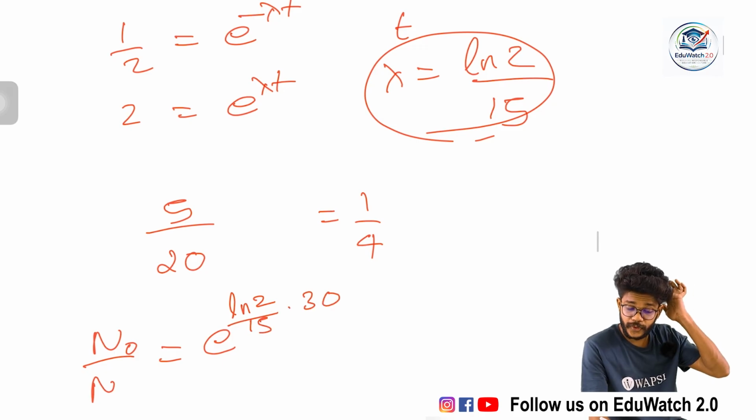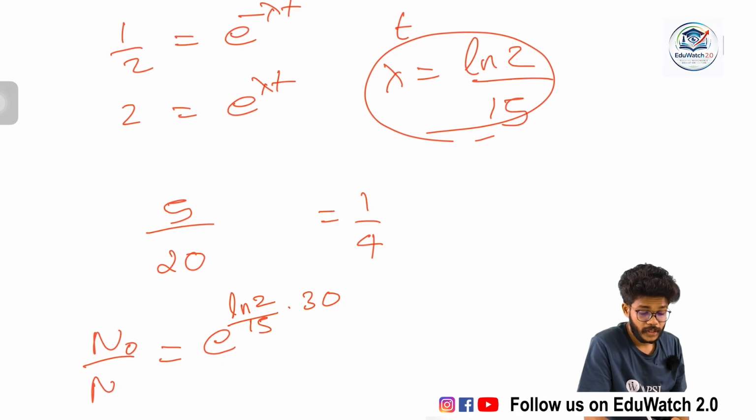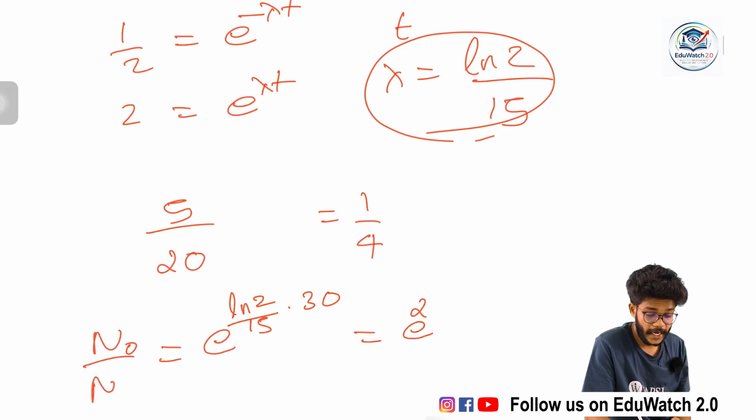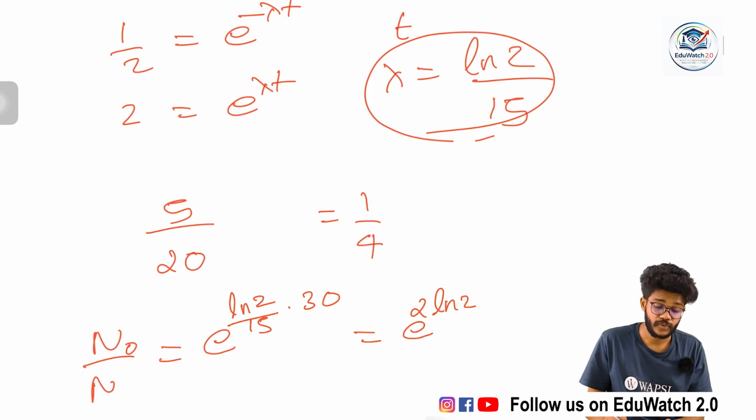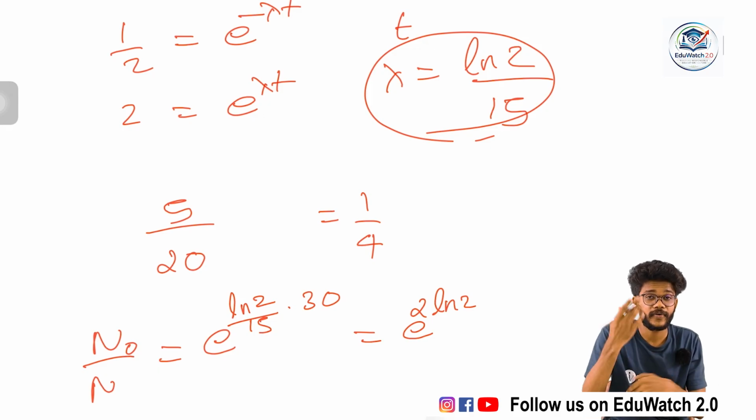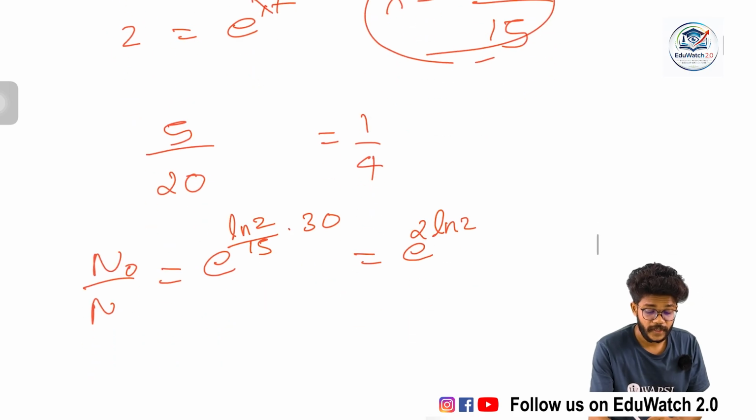So 30 divided by 15 is 2, which gives e raised to 2 ln2. We can take the coefficient 2 inside the ln, making it a power of 2, which is equal to e raised to ln4.